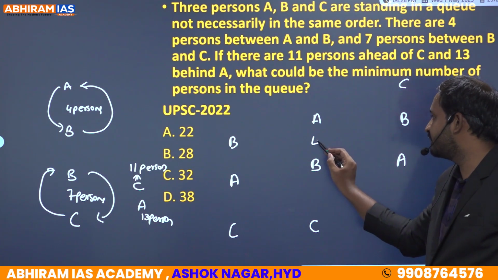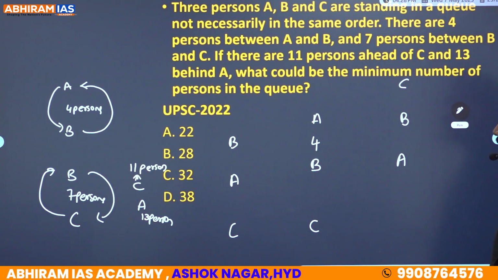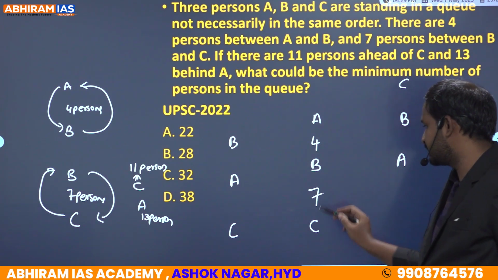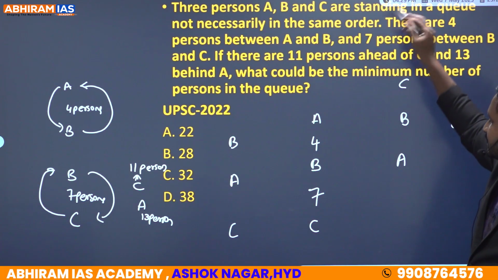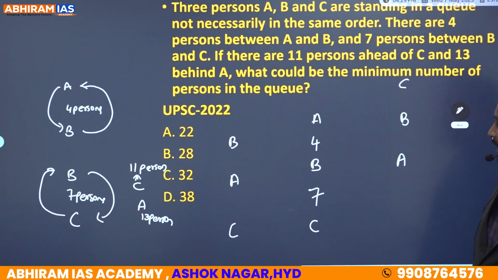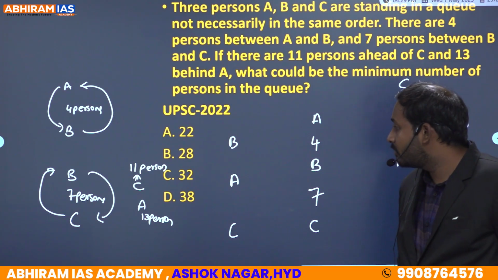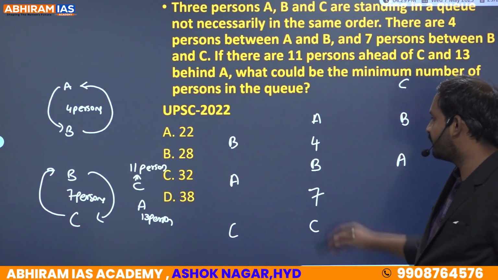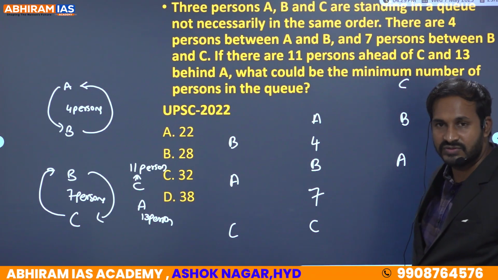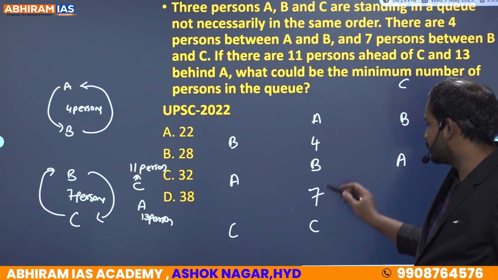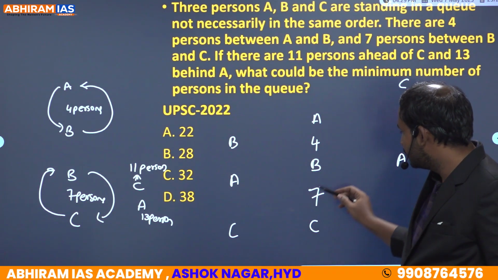There are how many persons between A and B? 4 persons. Between B and C? 7 persons. And there are 11 persons above C and 13 persons after A. So 11 persons above C, right? Now where can I write C here?